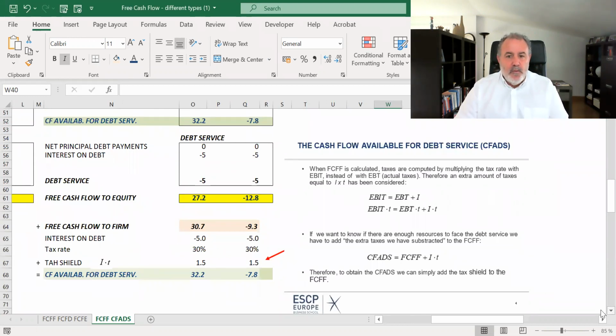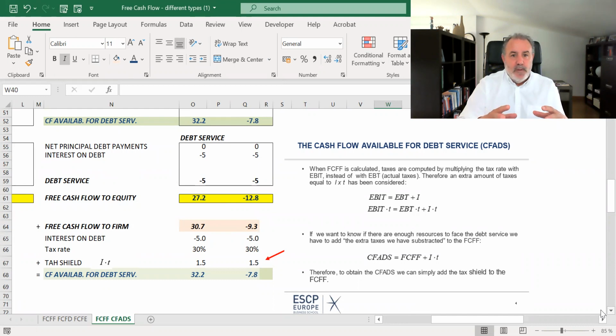Okay, when we are calculating the free cash flow to the firm we use in valuation, we are interested in knowing which are the cash flows that are generated by the project or the company without any kind of debt, because we know that with and without debt, the free cash flow is the same. So we want to calculate first the value of the assets of the company and then subtract the debt to calculate the value of equity, remember.